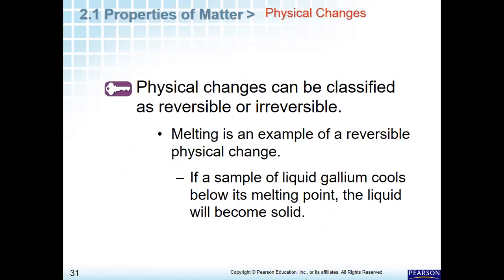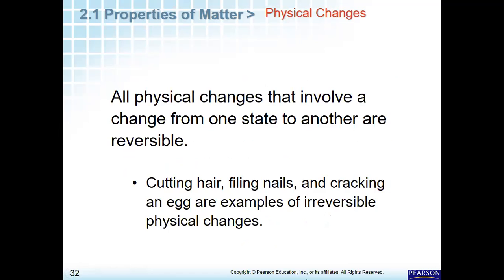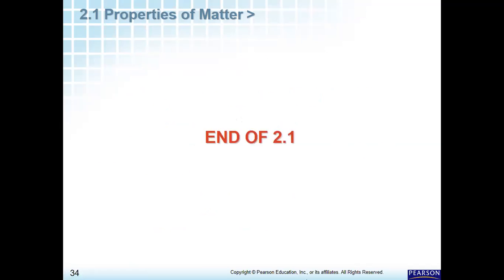If a sample of gallium cools below its melting point, the liquid will be solid again. All physical changes, guys, that involve a change from one state to another are reversible. But for example, cutting hair, filing nails, and cracking an egg are examples of irreversible changes.